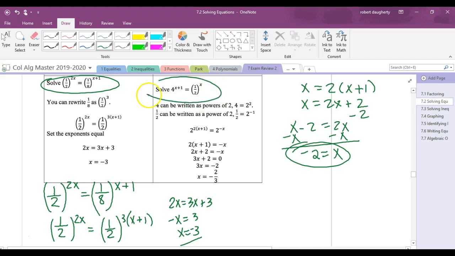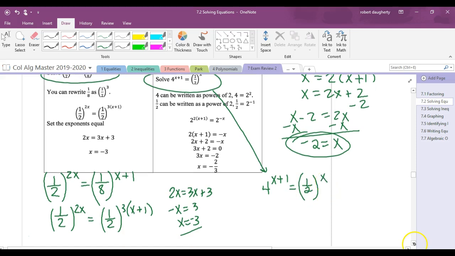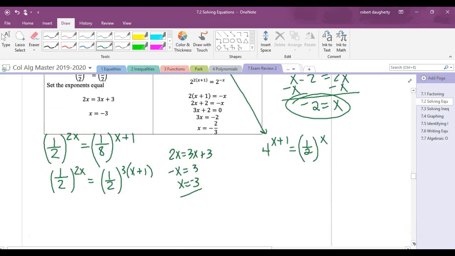One more here. 4 to the x plus 1 equals (1/2) to the x. You need to be very comfortable recognizing, say, powers of 2. So on the left, I think people recognize that's 2 squared to the x plus 1.